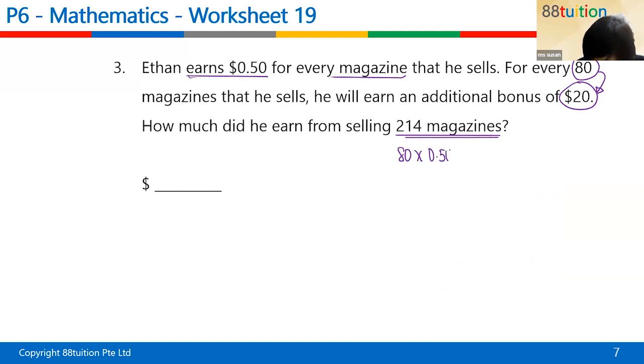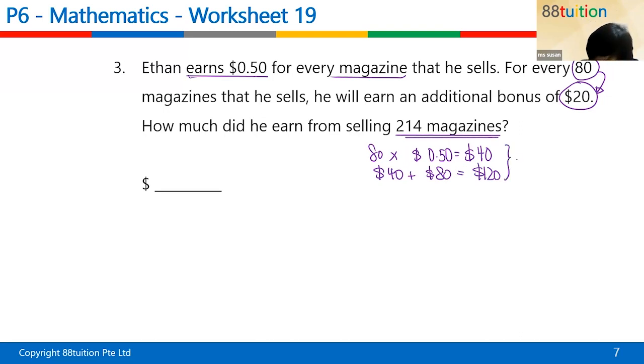Okay, and you have 80 of them. So meaning to say the total collection here must be 40, right? Why 40? Because I want to put them in one group. And you will get the bonus of 80. So total he will have 120.